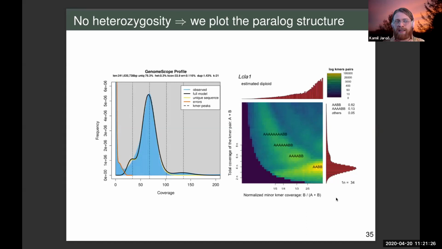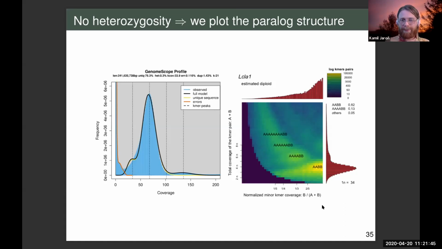But it's a trap. If there are no heterozygous loci at all, Smudgeplot always gets it wrong. What we're looking at then, if not heterozygous loci? Well, it's simply the paralog structure, which I also find cool, but it's not what we were looking for in the first place.